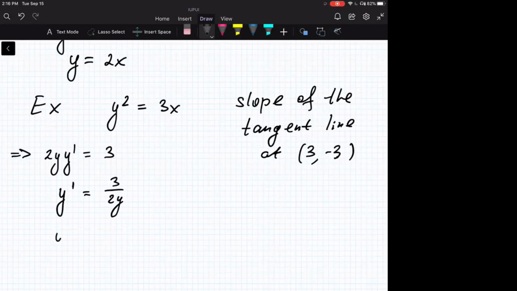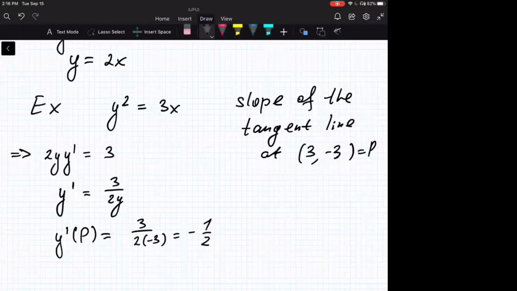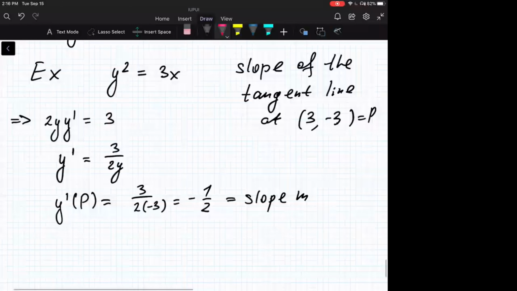And y prime at point P will be thus 3 over 2 times minus 3, so it's minus 1/2. This is slope M.